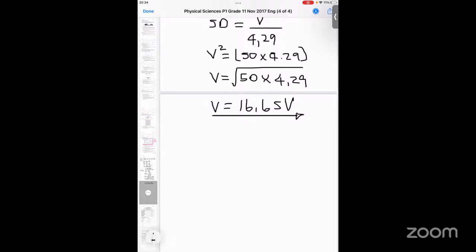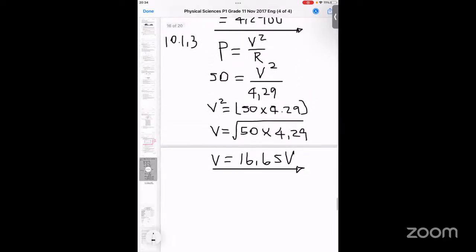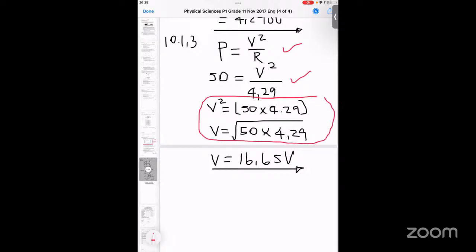Guys, did it make sense to everyone regarding how you work it out? Normally in physical sciences, you are given a mark for correct formula, a mark for correct substitution. They don't give you marks for those calculations because they know you just apply your maths. But what they do is give you a mark for that.